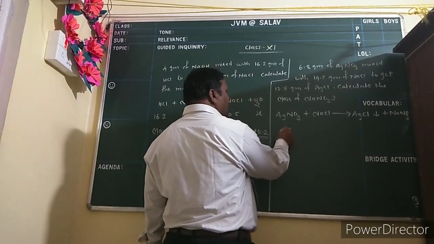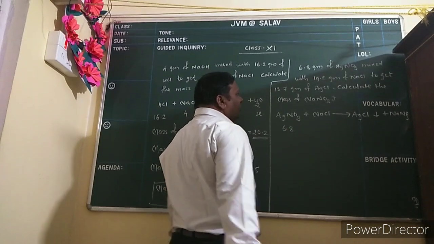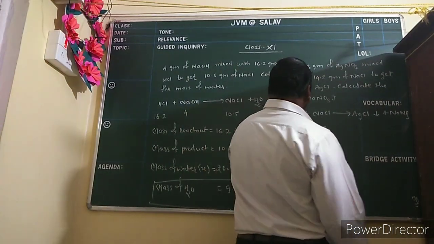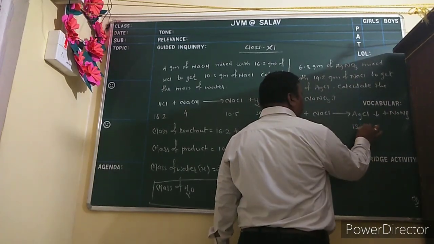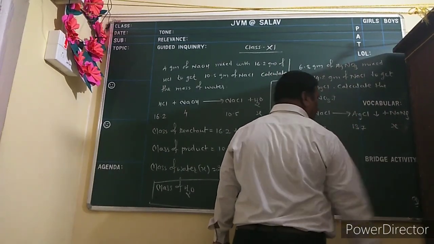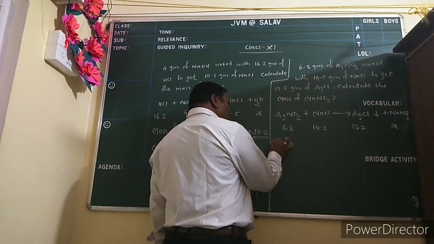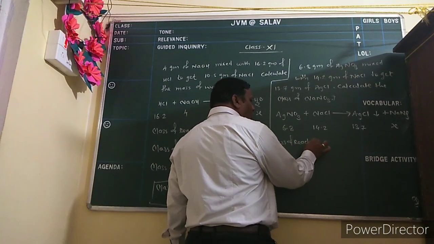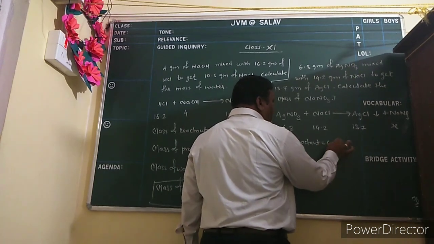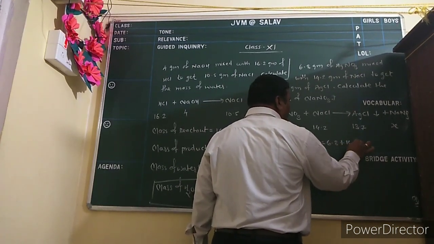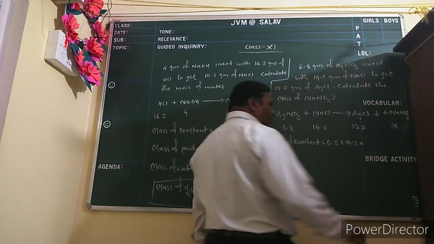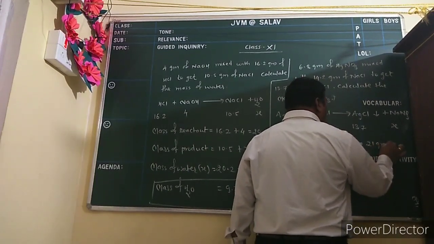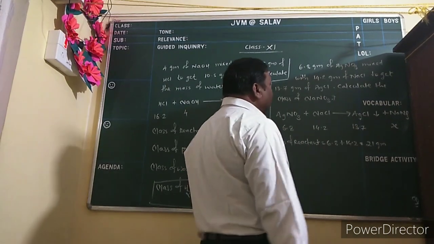So silver nitrate is 6.8, sodium chloride 14.2, silver chloride is 13.7, sodium nitrate X. Again it is the same. The mass of reactant will be 6.8 plus 14.2. How much is it? Tell me, 21 grams.